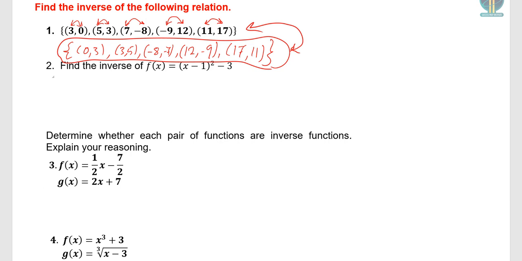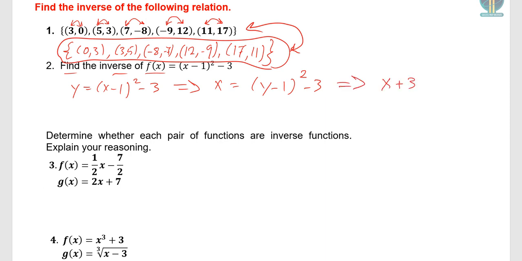Okay. Next exercise. Find the inverse of f of x equals (x minus 1) squared minus 3. So again, rewrite it as y equals (x minus 1) squared minus 3. And then flip x's and y's. So x equals (y minus 1) squared minus 3. And then just solve for y. x plus 3 equals (y minus 1) squared, taking the square root of both sides.